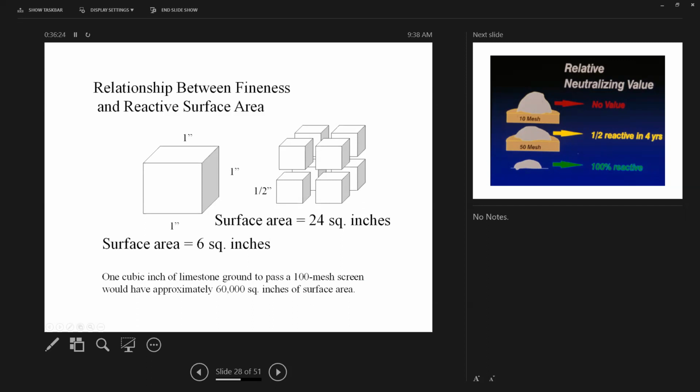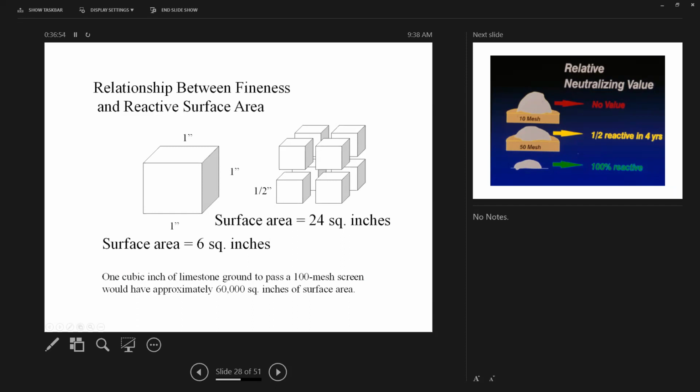I doubled. I cut it in half twice, but I quadrupled my surface area. So it's this surface area that's reacting with the soil to change the pH. So if we keep slicing this, when we get 1 cubic inch of limestone to pass 100 mesh screen, we would have approximately 60,000 square inches of surface area.